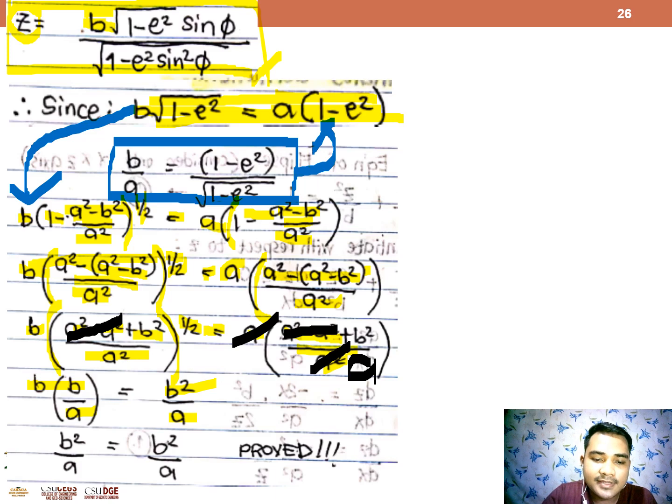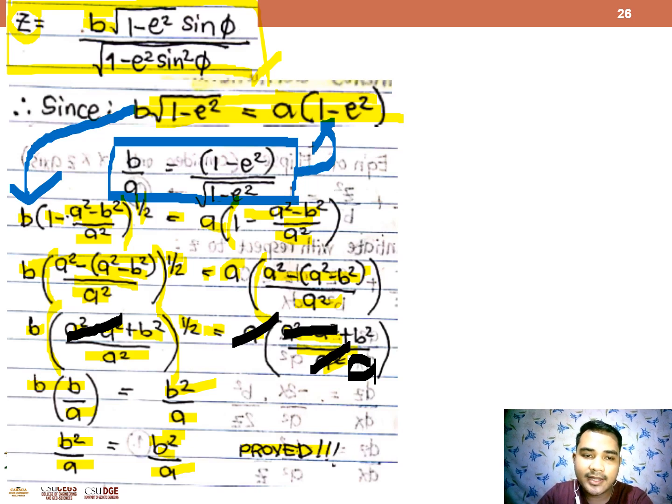Both came up with the same equation, b squared over a squared. Therefore, we proved that they are equal.